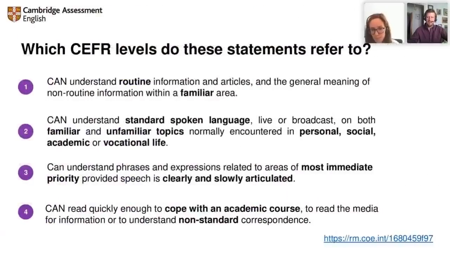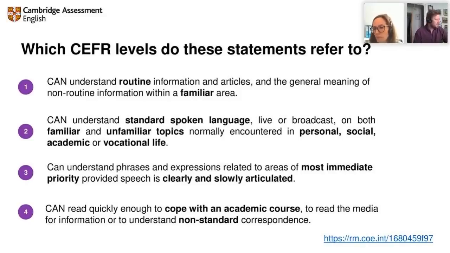Excellent. So in the chat box, we have 4 here. The easiest thing is to write the number and then the level. These are 4 CEFR levels from A2 up to C1. So in the chat box, if you'd like a quick go at that, so 1, B2, 2, C1, etc.